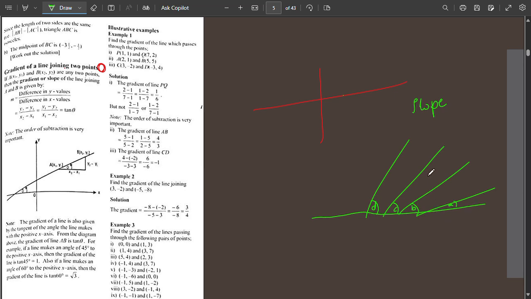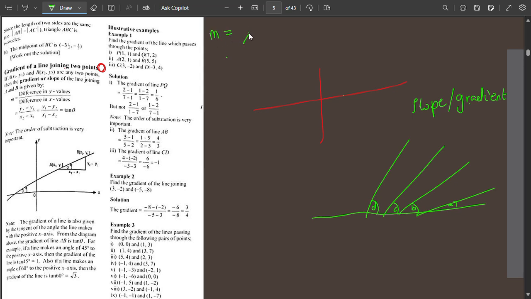In this part of the video, we'll be learning how to find the slope of a line. If A and B are any 2 points, then the gradient, which is the same as the slope, of the line joining AB is given by, and mostly the variable we use for slope is m, m is given by the difference.